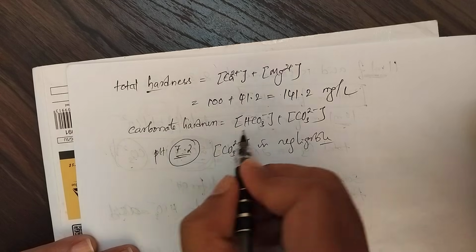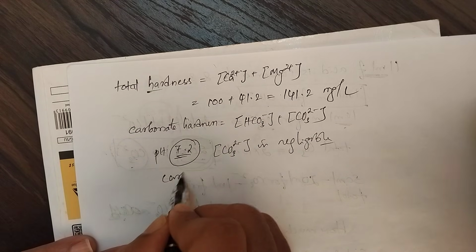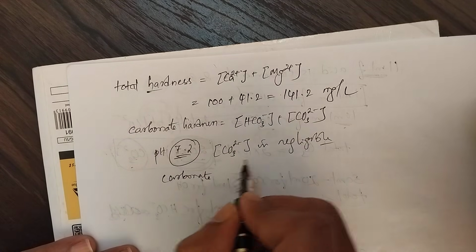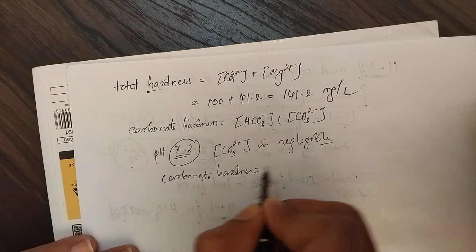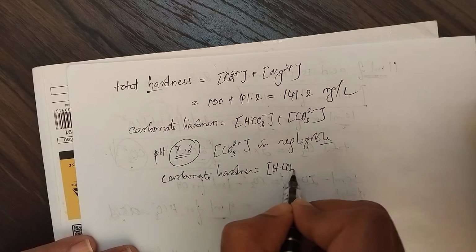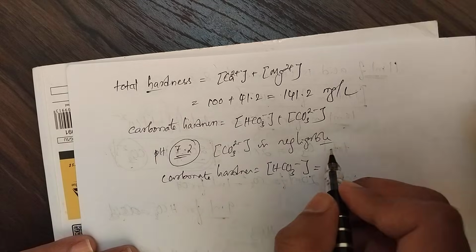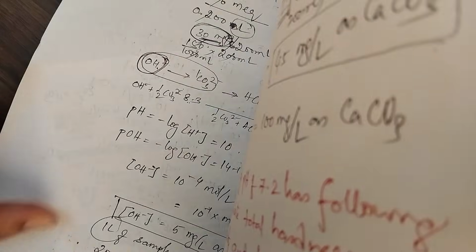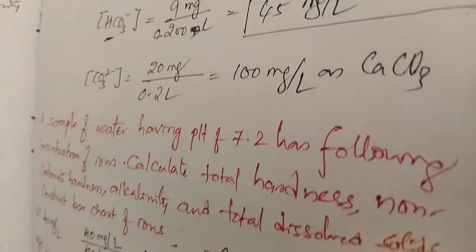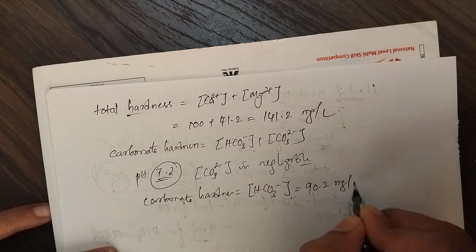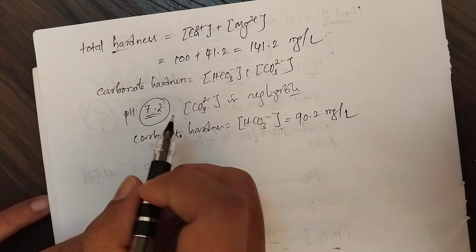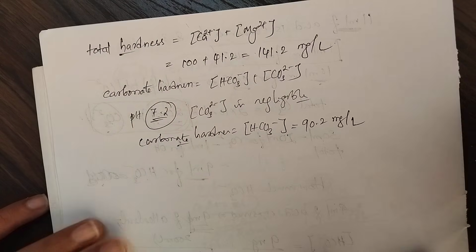So you can say carbonate hardness is simply the concentration of HCO3- ion, which is 90.2 milligram per liter. So now we got carbonate hardness.